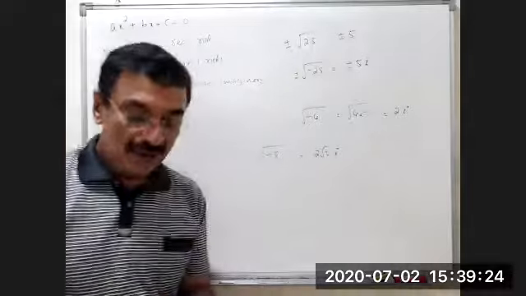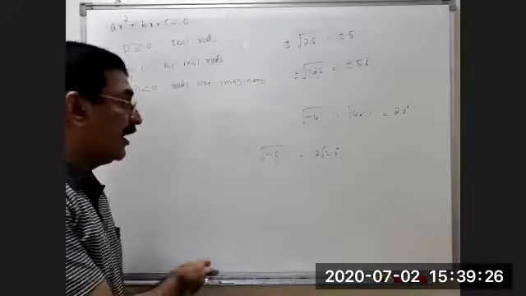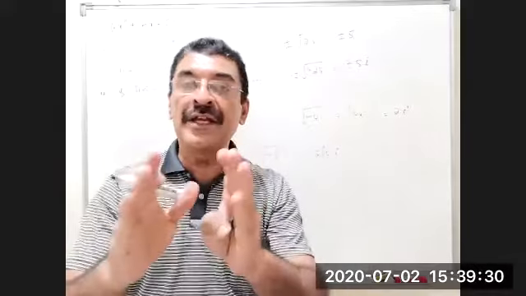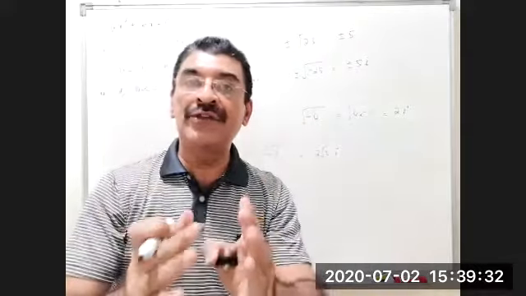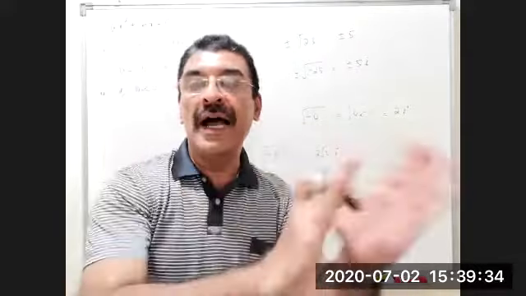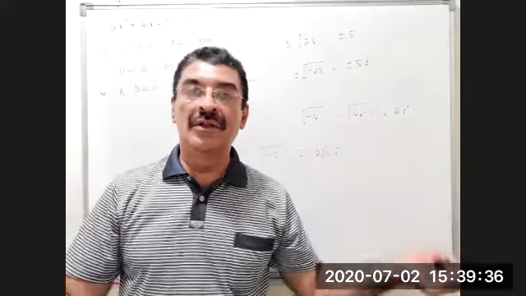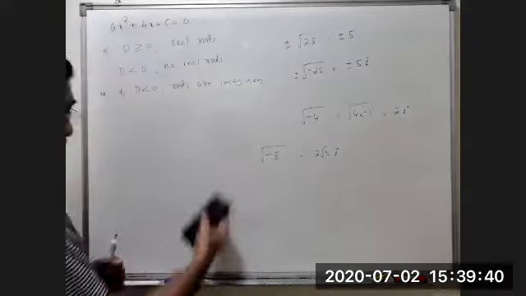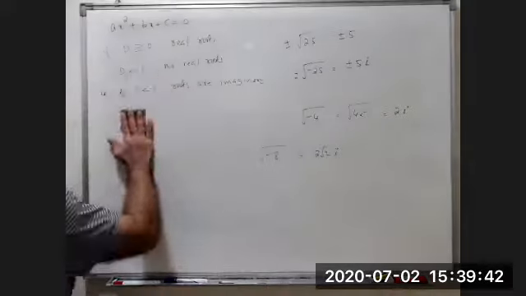That's all. If you are getting a negative number on the right-hand side, to find the square root of a negative number, root of minus 1 is i. So write the square root along with an i. That's all. That is the square root of a negative number. So solving questions is very easy. I'll show you a few questions.